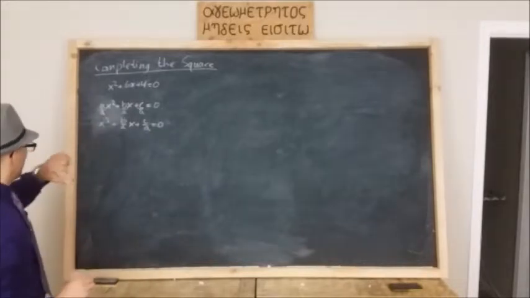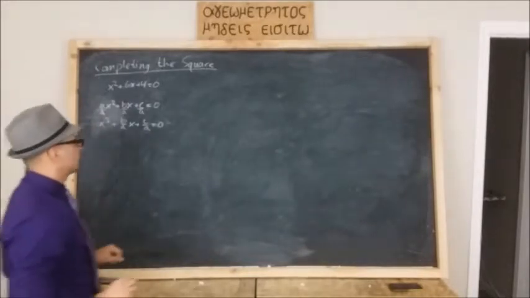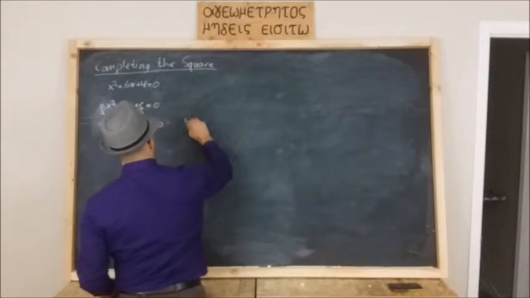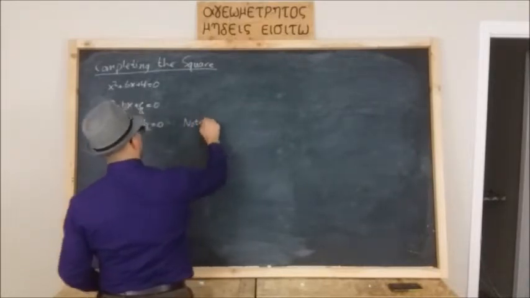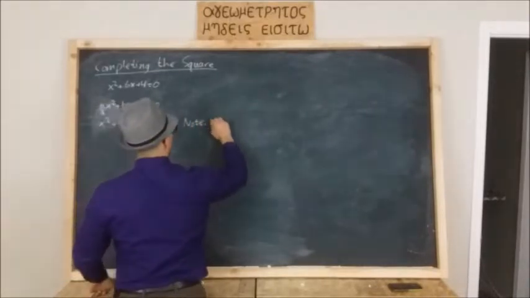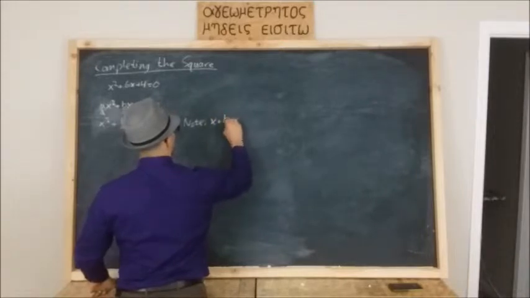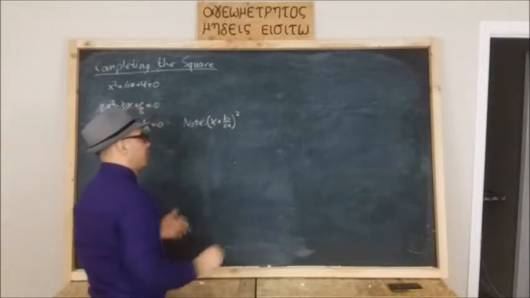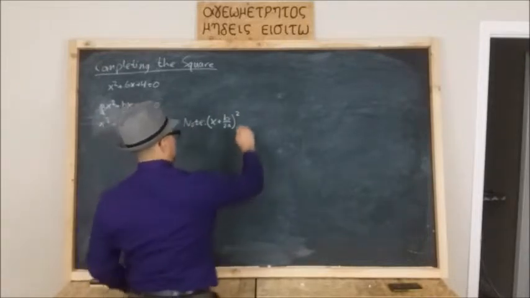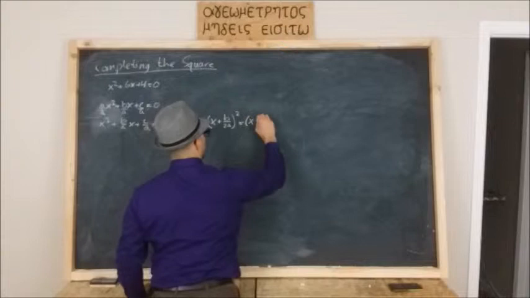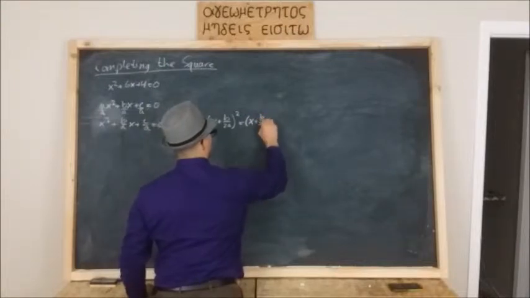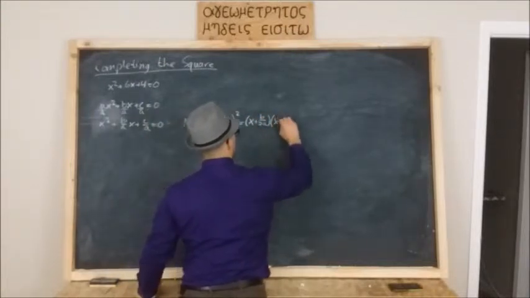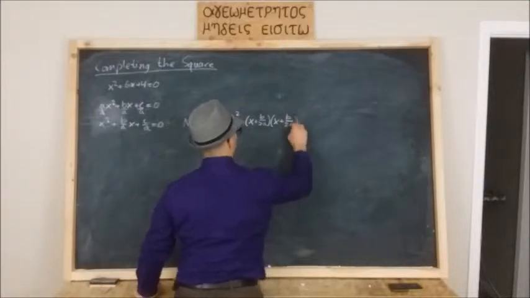Okay, so, all right, as a quick side note, x plus b over 2a squared. All right, from FOIL, well, it's the same as x plus b over 2a times x plus b over 2a.